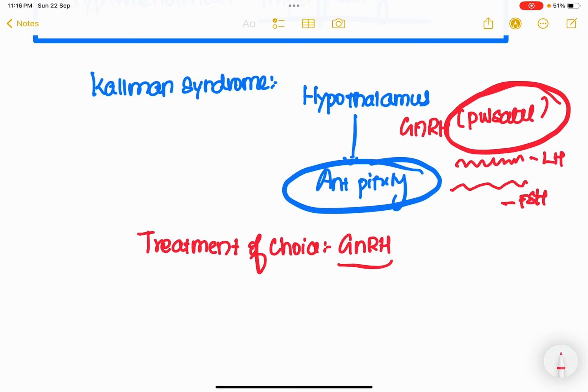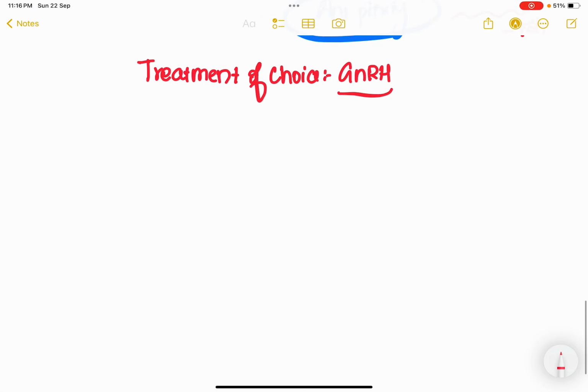Only if FSH and LH are released from the anterior pituitary can they act upon the ovary and bring about the release of estrogen, progesterone, inhibin B, and ovulation can happen. So you have to give pulsatile GnRH. Is that clear? Yes. So the treatment of choice for Kallman syndrome is going to be pulsatile GnRH.